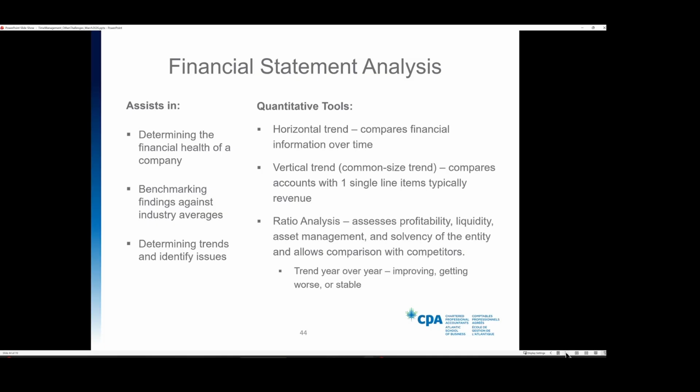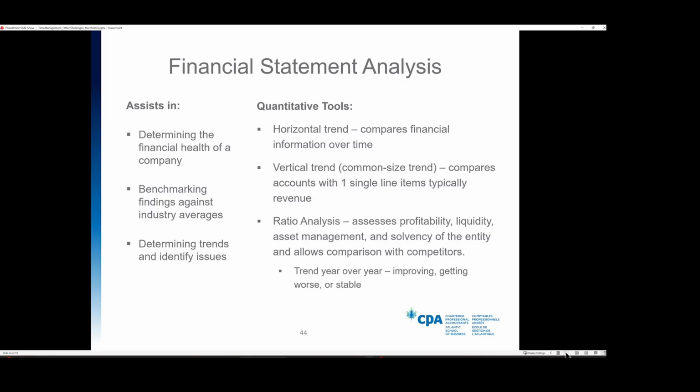Horizontal trend. So compare financial information over a time period. Vertical trend, or what's also referred to as common size trend. And that's where you compare one account against one specific line. Normally it's revenue.